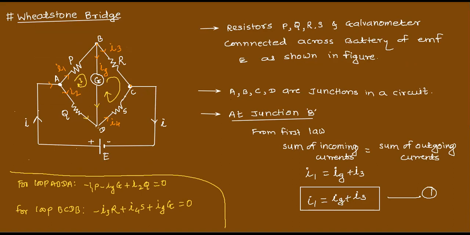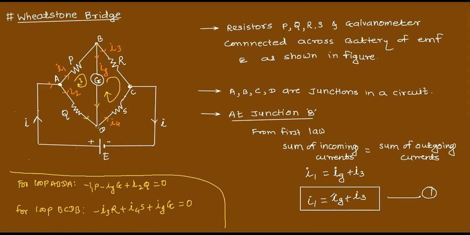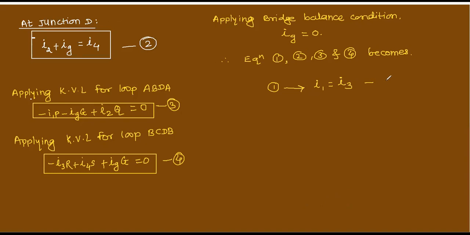If I am substituting here, then equation 1 becomes like this: I1 is equal to I3. Can you see here? This Ig will become 0. If this Ig is 0, I1 is equal to I3. Call this equation number 5.